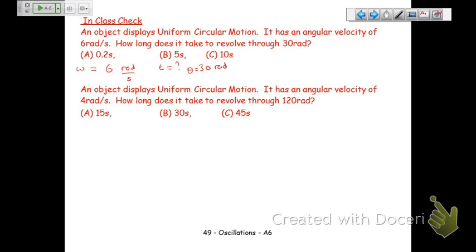Using dimensions, my omega is equal to my theta over my time. So my time is equal to my theta over my omega. My time is equal to 30 over 6, which equals 5 seconds.